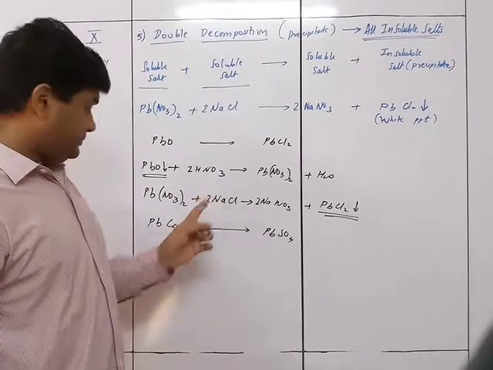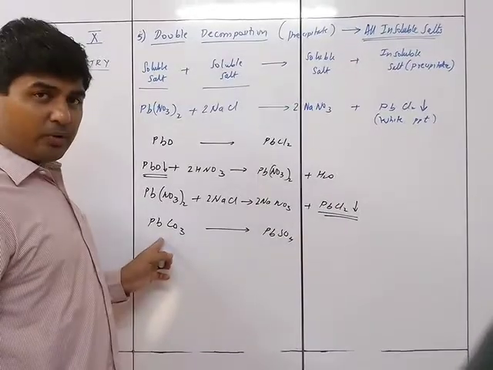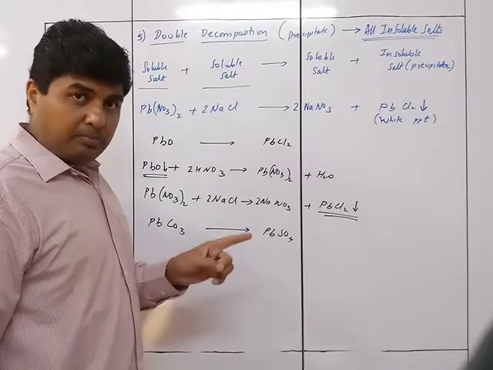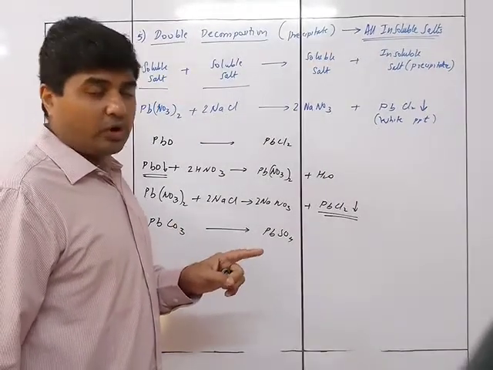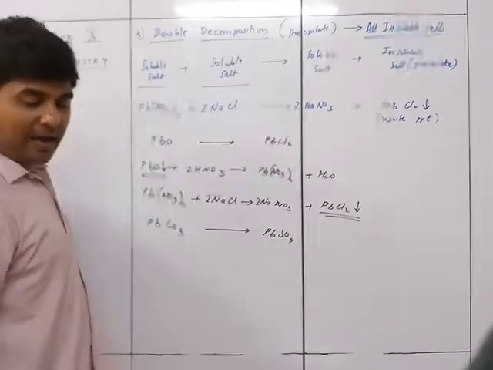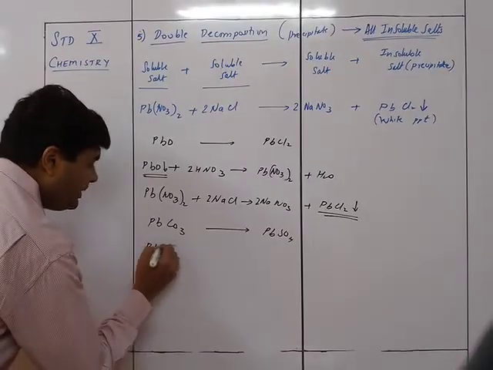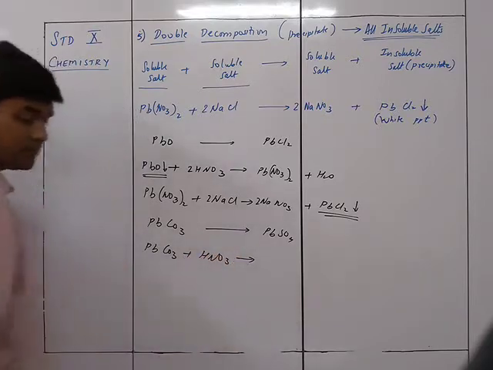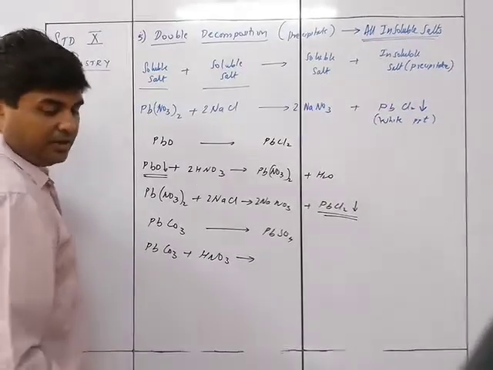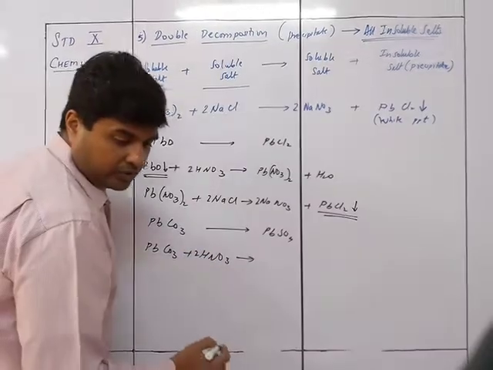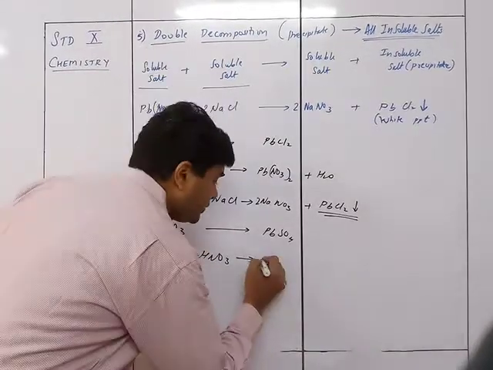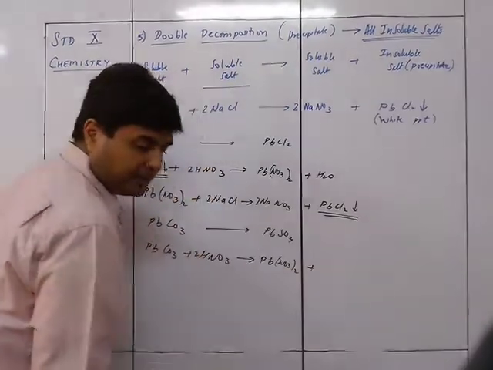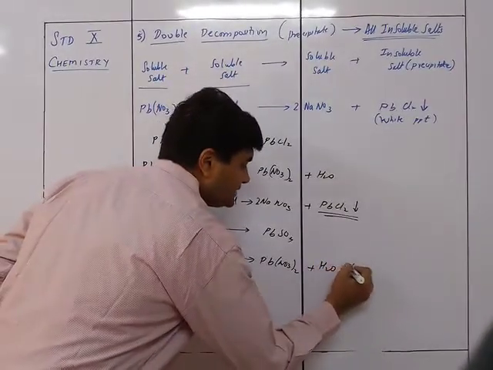Again, we will take an acid which would react with a carbonate. What will happen when acid reacts with a carbonate? Same thing: salt plus water plus carbon dioxide. So it is going to be PbCO3 plus HNO3 giving me Pb(NO3)2 plus H2O plus CO2.